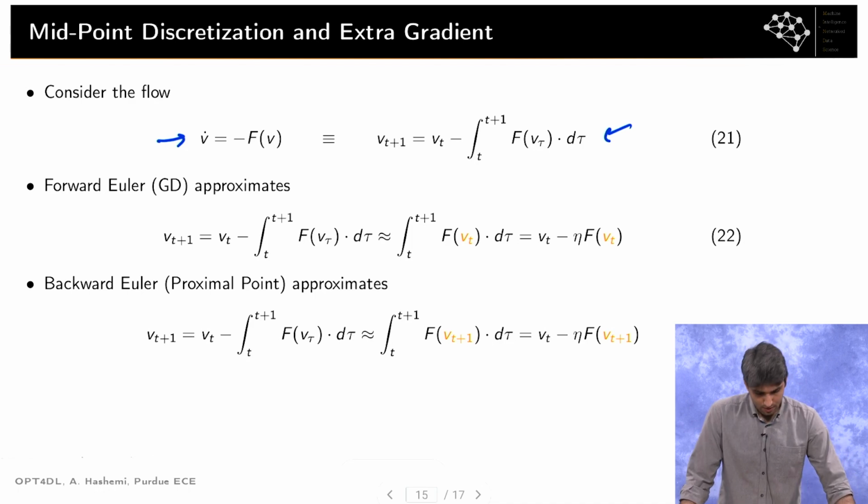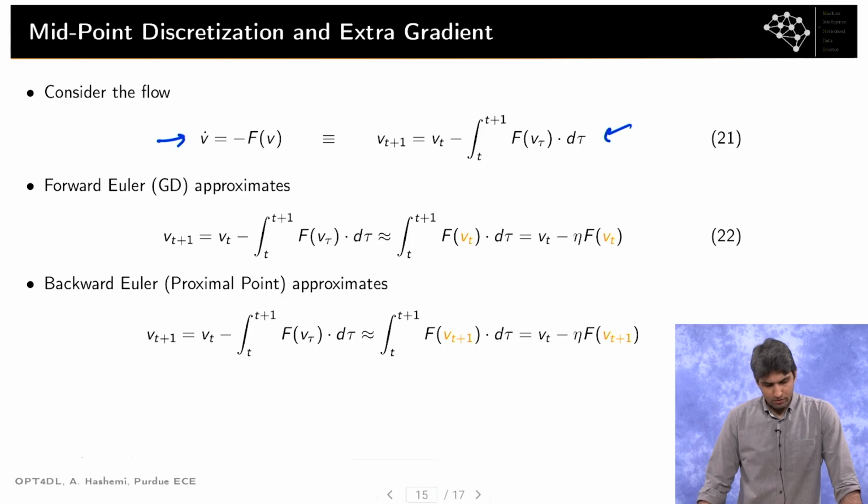One thing you can do is the simple forward Euler discretization, which approximates this integral in a very specific way. We look at the integral and we replace v(tau) with the initial point of the integral. So we replace that with basically v_t, the initial value.